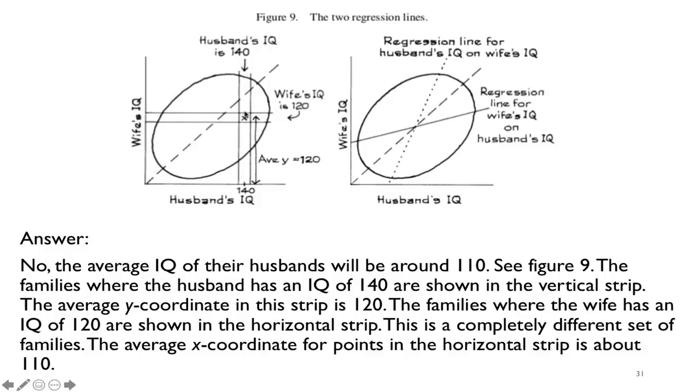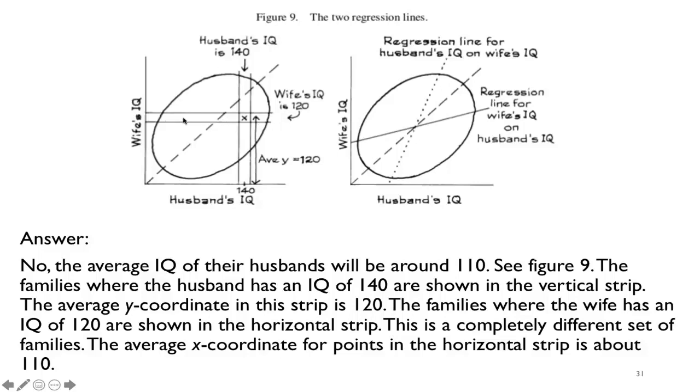The reason we know that is because if I look horizontally on this strip and find the corresponding point on this regression line, it looks like it's about right here. This says that the average IQ of all the husbands whose wife's IQ is 120 is approximately right here.